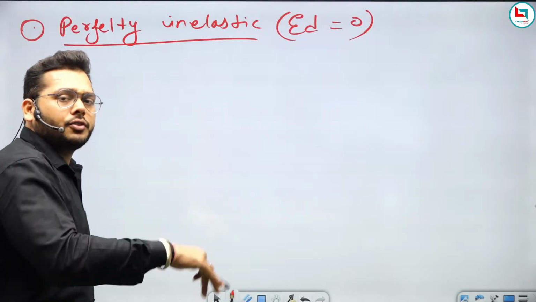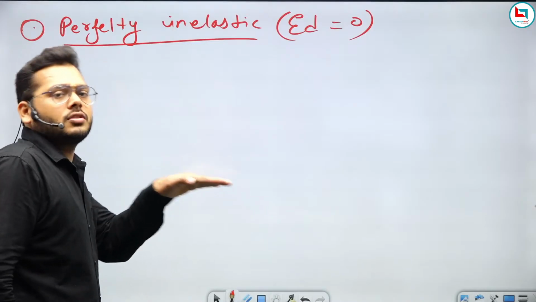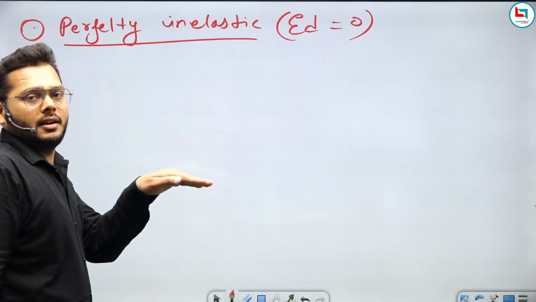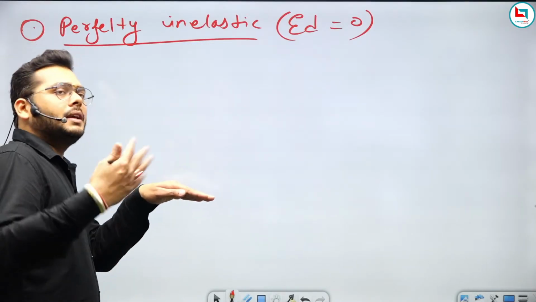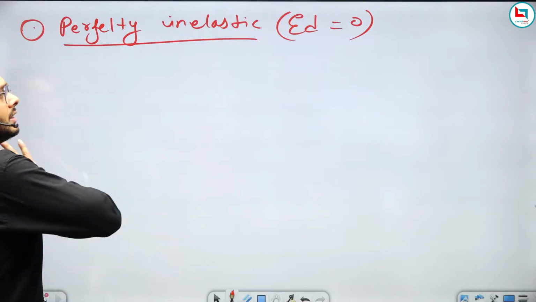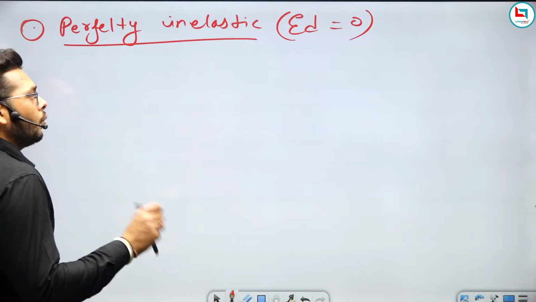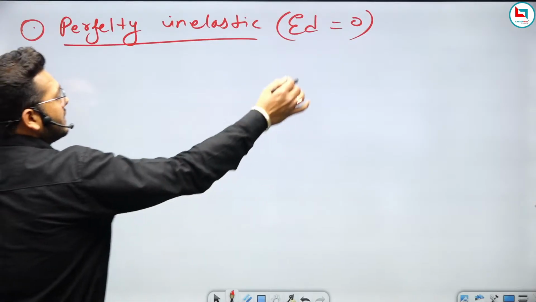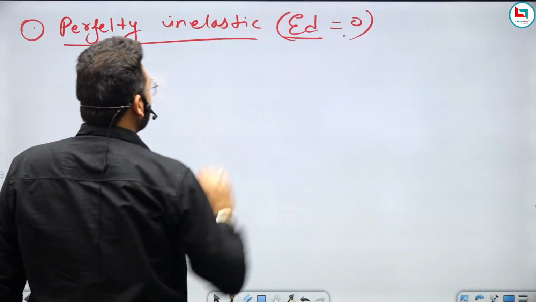That doesn't affect the demand. Demand remains constant after the price changes, whether it decreases or increases. After an increase or decrease in the price, there is no change in the quantity demanded. That's why it is known as ED equal to 0.